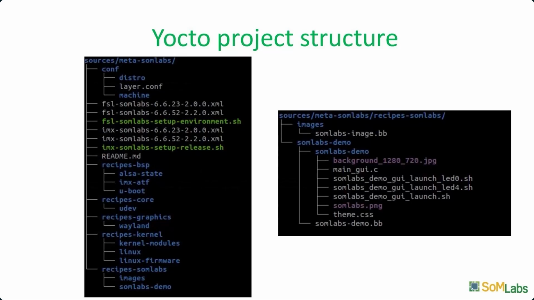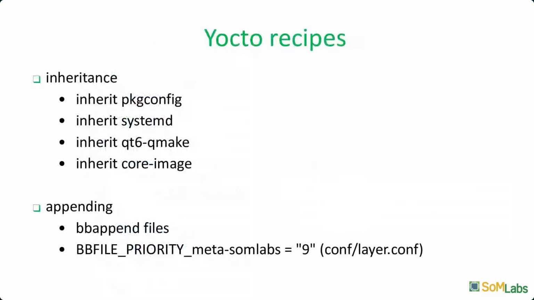So in short, this is how the meta layers are organized. And the recipes, so the BB files, which are the core concept of the Yocto project, are similar in a way to the source code of an application. So we can inherit some recipe classes or include some code or procedures that are defined in other BB files.